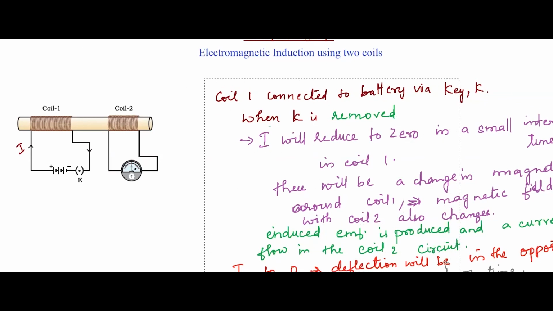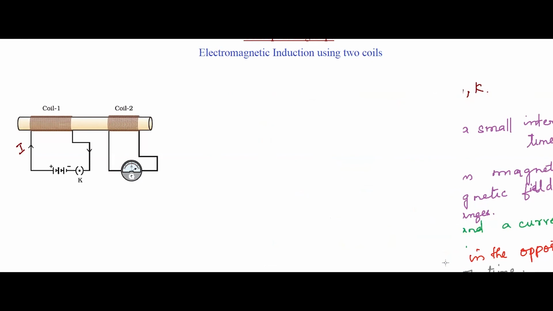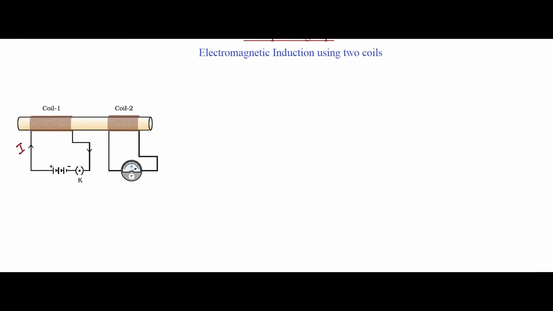In this setup, the first coil, coil 1, in which we are producing the magnetic field using an external battery, is known as the primary coil, and the second coil, in which we are linking the first one's magnetic field, is known as the secondary coil.